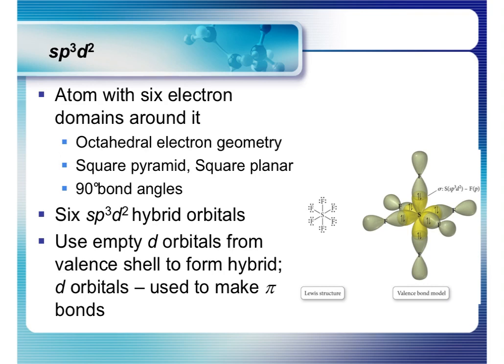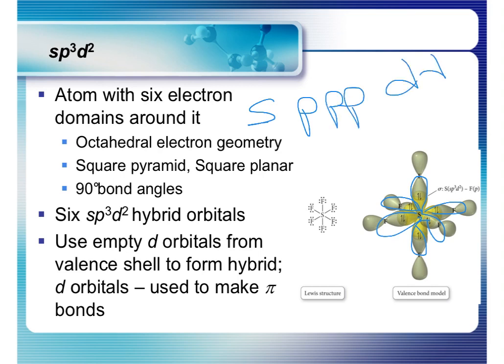And if you have 6 domains, that means you need to start with 6 atomic orbitals, which is an s, 3 p's, and 2 d's. That'll give you 6 hybrid orbitals. And so if you see sp3d2 hybridization, that is always associated with an octahedral electron domain geometry.